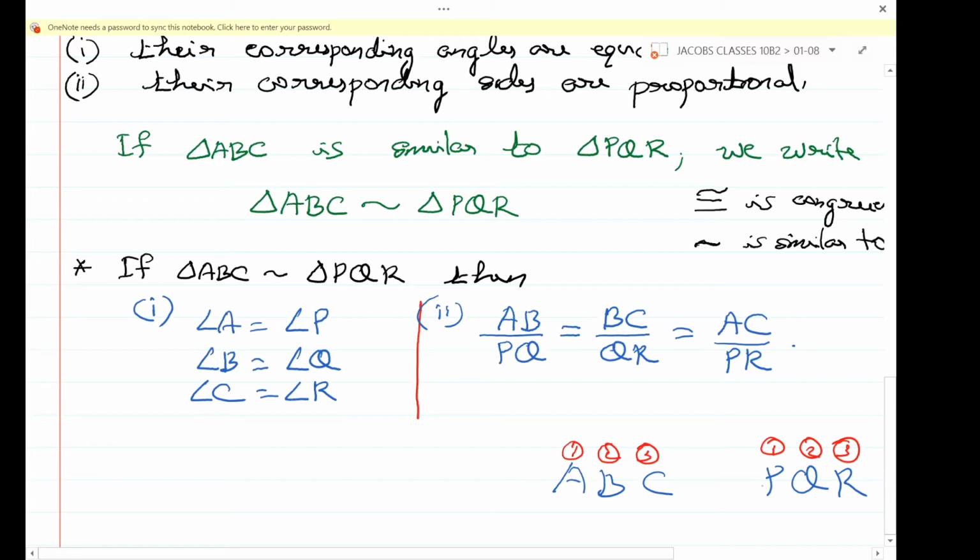Second position it is angle B, that should be equal to angle Q, and third position it is angle C, equal to angle R. Same way we can write the proportionality of sides. AB by PQ is equal to BC by QR is equal to AC by PR. So all of you understood this point?